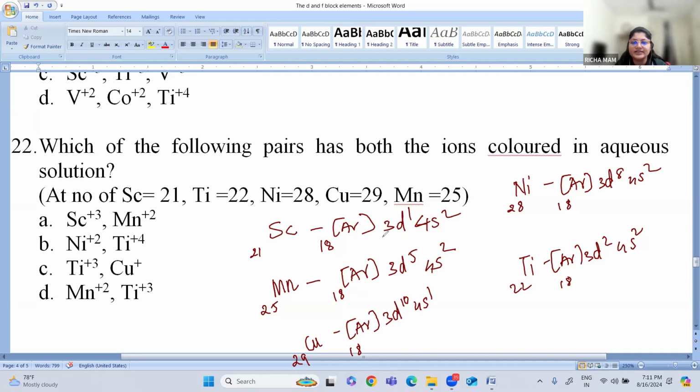Scandium will be 3d0, because all the electrons are gone. So it will be 3d0 system. Then Mn +2. Mn +2 will be 3d5 system.